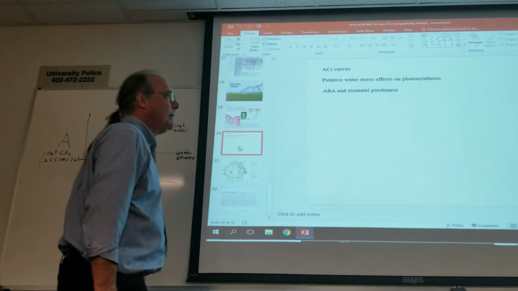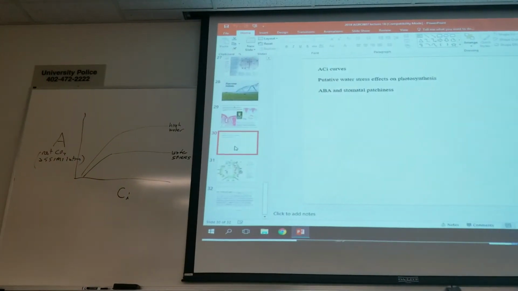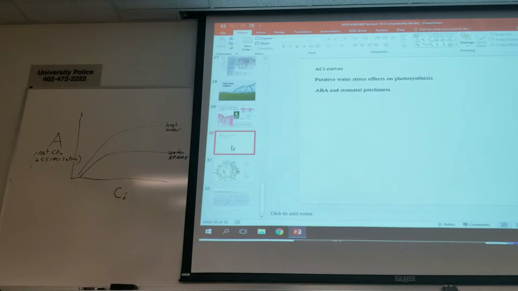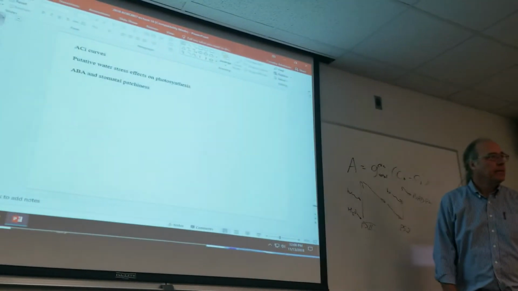Remember, Ci is not something that's directly measured, right?